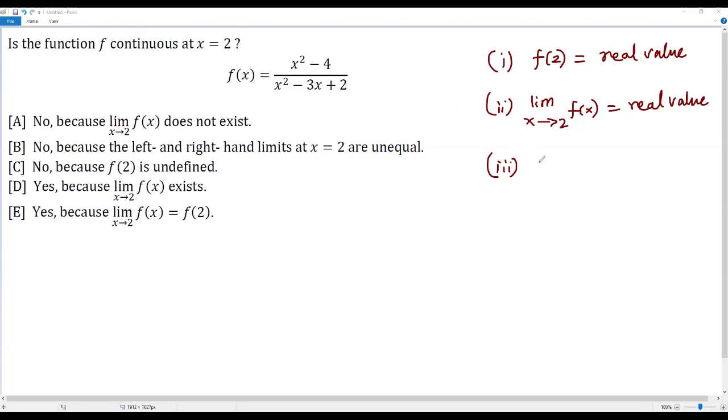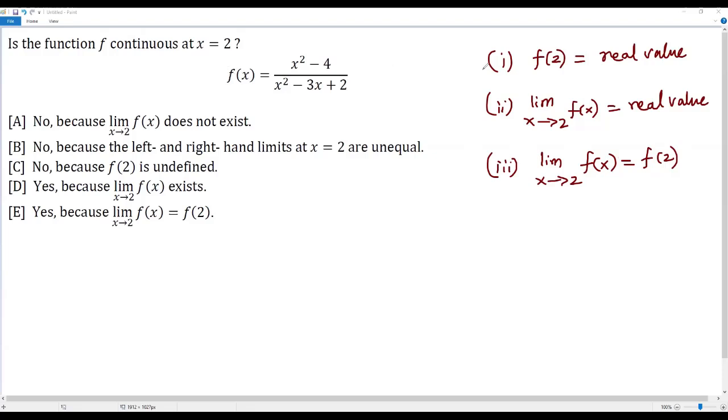That is, the limit as x tends to 2 of f of x must equal f of 2. If all three conditions are satisfied for x equals 2 in the given function, then we can say the given function f of x is continuous at x equals 2.